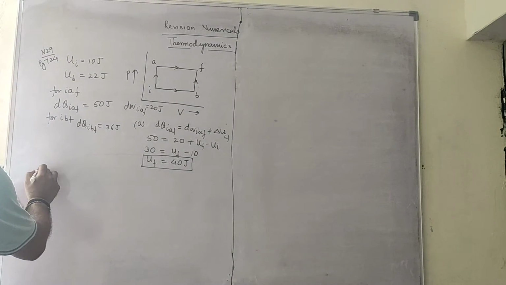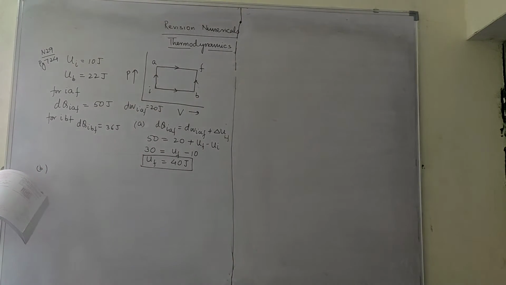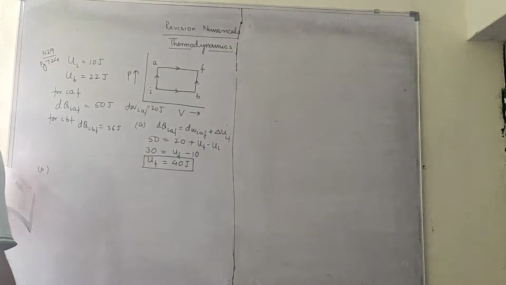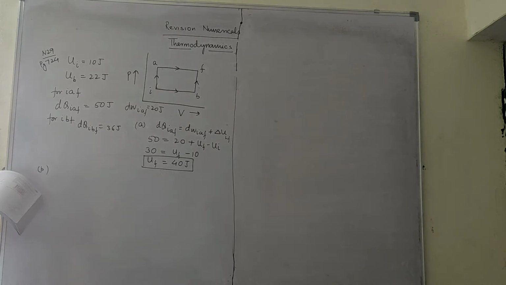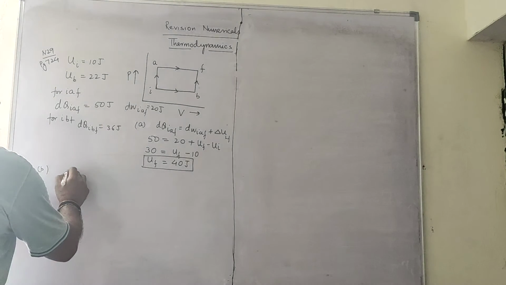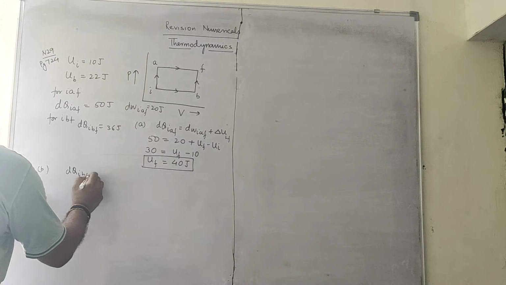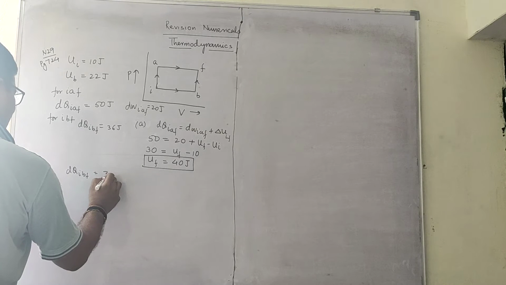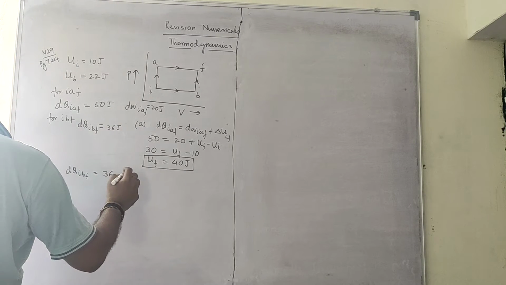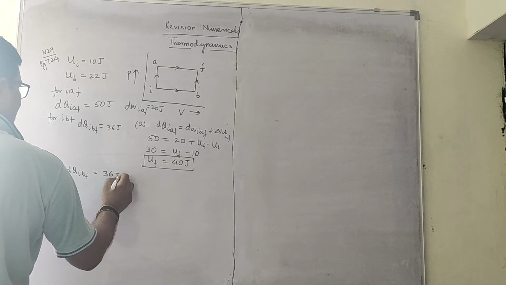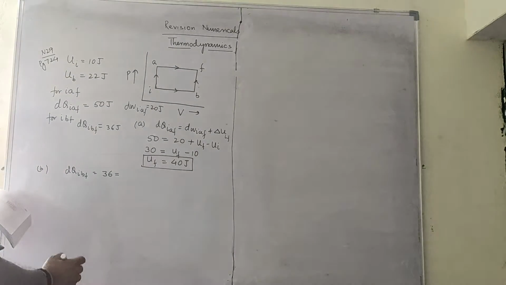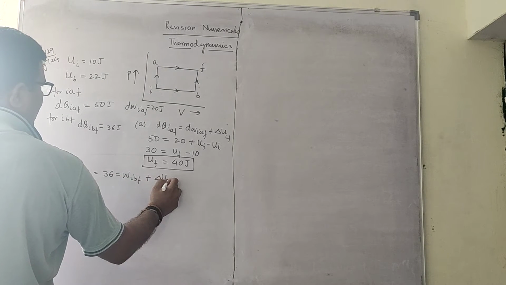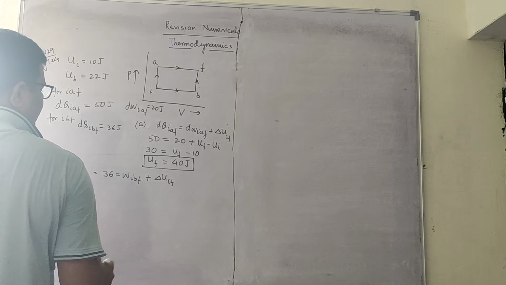This is the first part. Now the second part. Value of dW for the path IBF. For the path IBF, you have to find dW. Here you have dQ along IBF as 36. That is given. That is equal to work done along IBF plus delta U along IF.